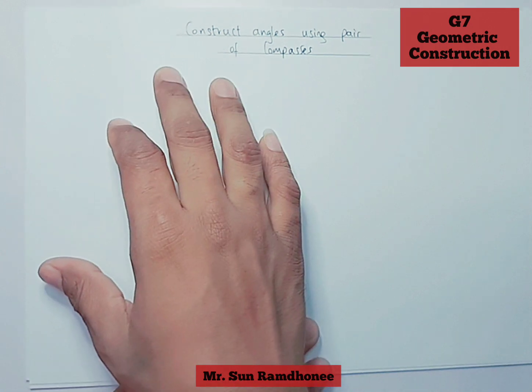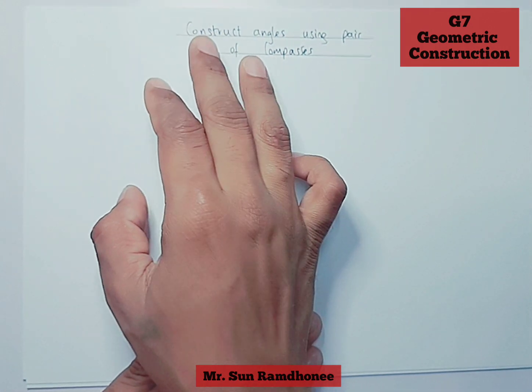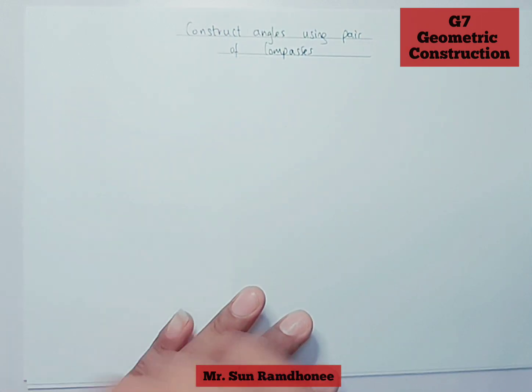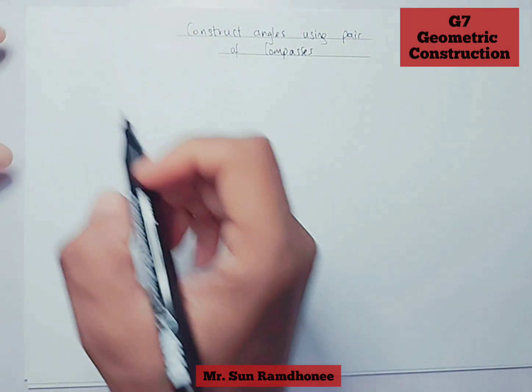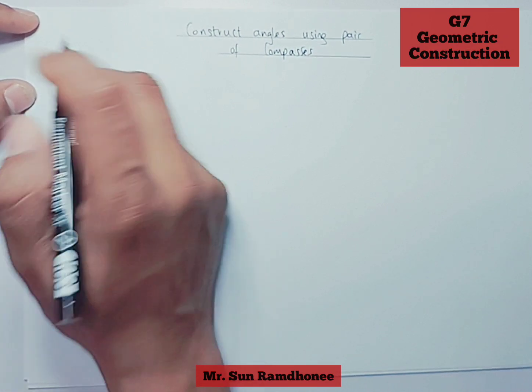We have reached the last part of this video, and we are going to learn how to construct angles using a pair of compasses. The first angle that we are going to learn how to construct is going to be 60 degrees angle.